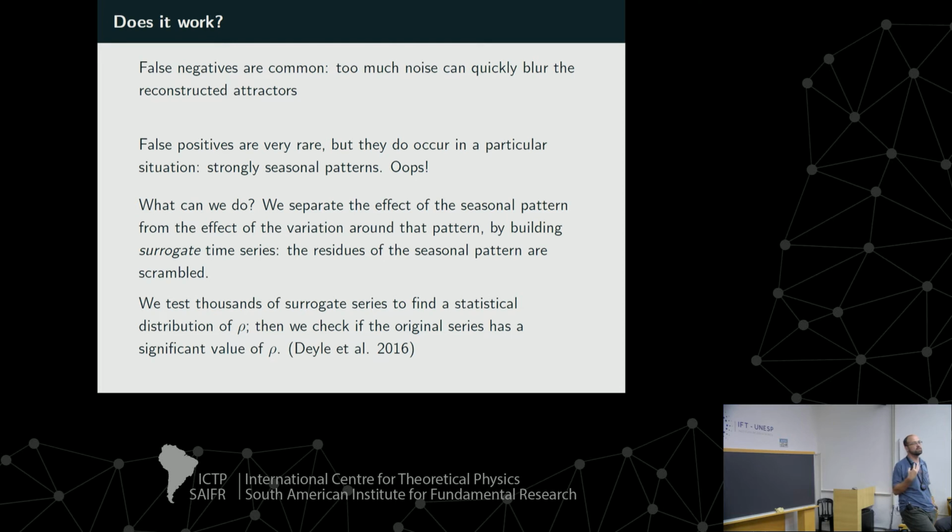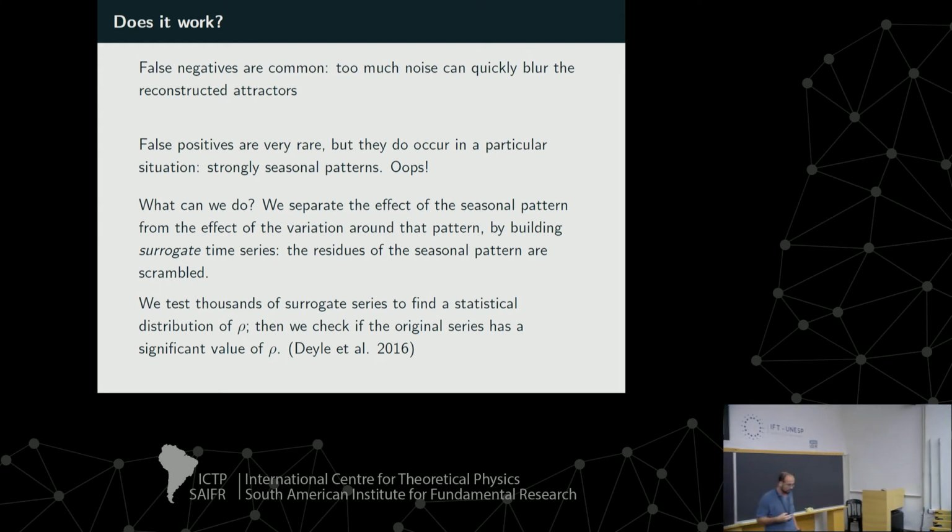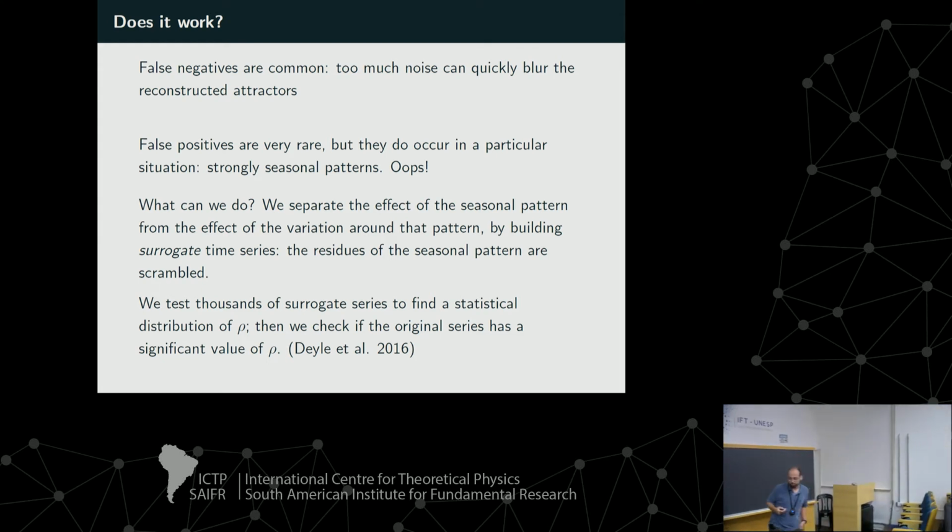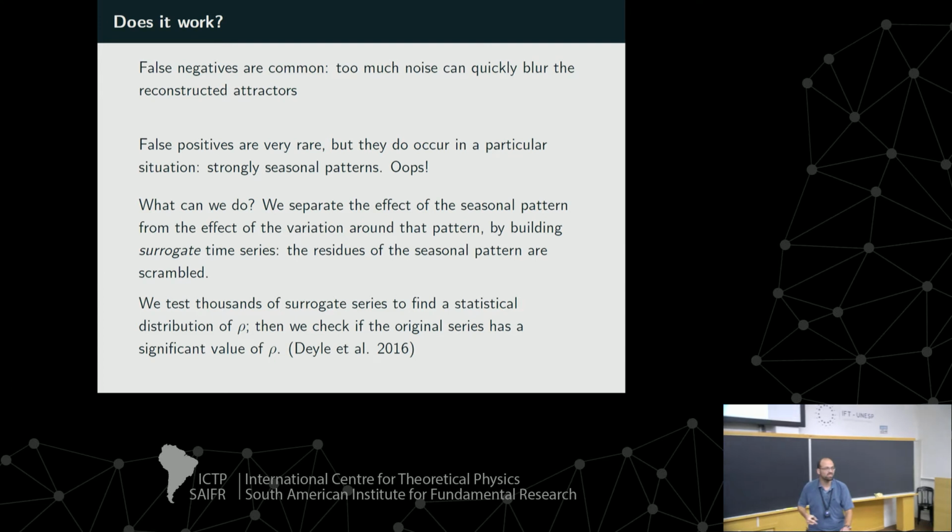You don't see any sign of causality, but there is a deterministic part, and if you add a lot of noise, the signals are blurred and you miss it. So it's easy to have false negatives, especially if you have a lot of noise.